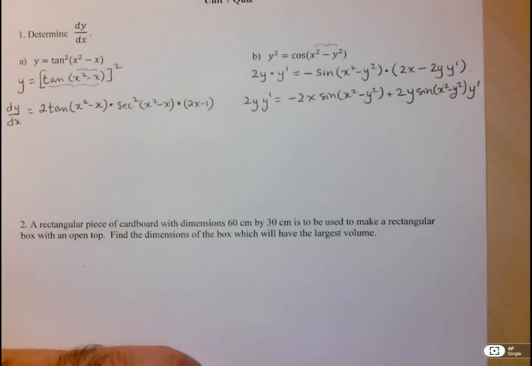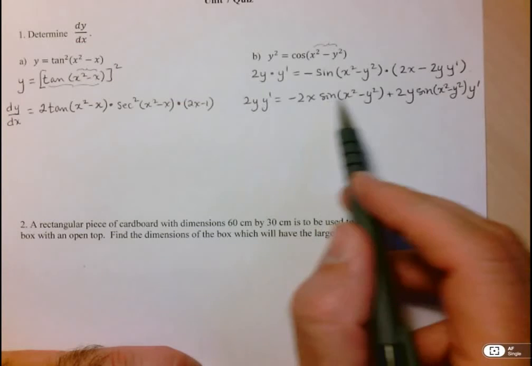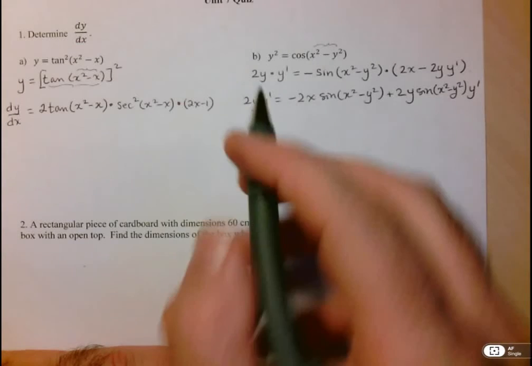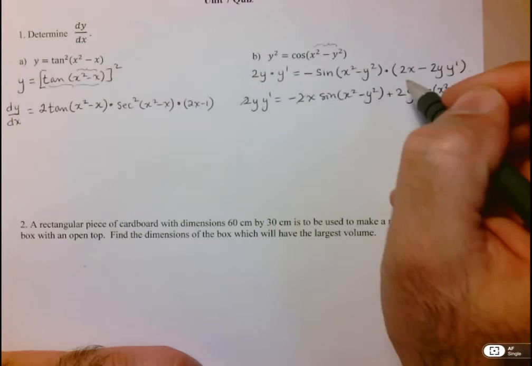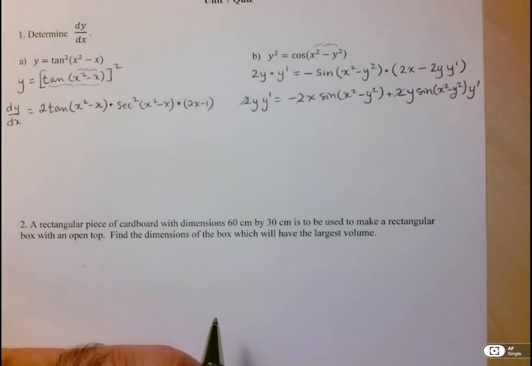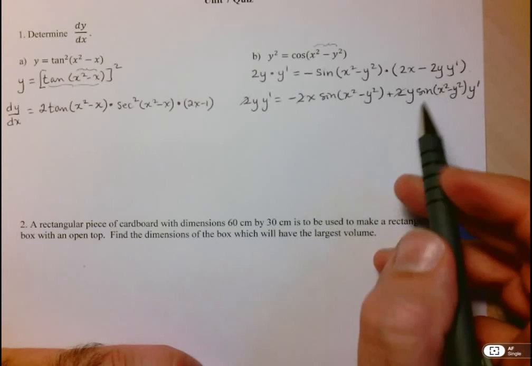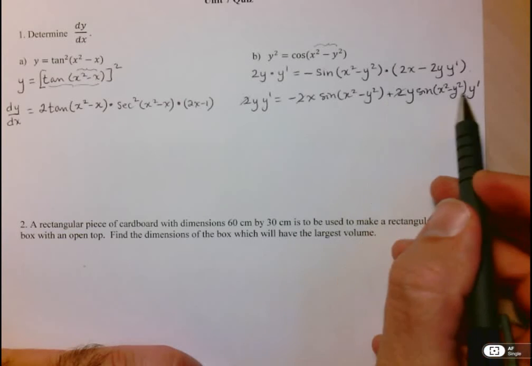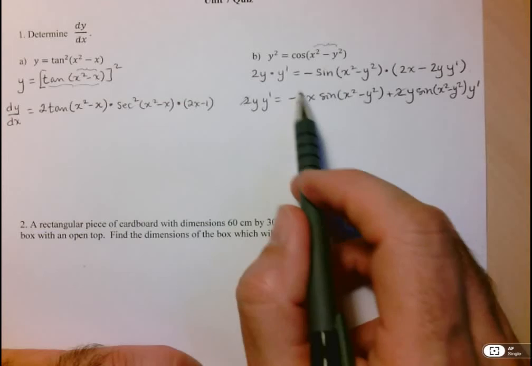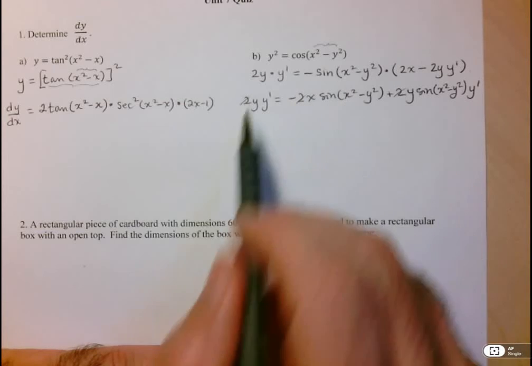First thing I notice is that all terms have a coefficient of 2, so we can just divide both sides by 2 to simplify a little. Now I'm going to bring together all terms that have a y prime. Since it's positive here, I'll leave this on this side, and this is negative, so I'll bring this expression to the left.